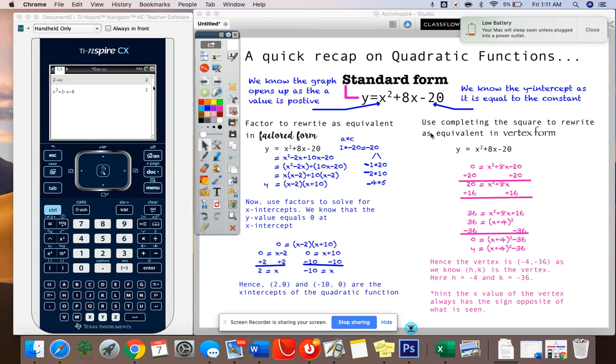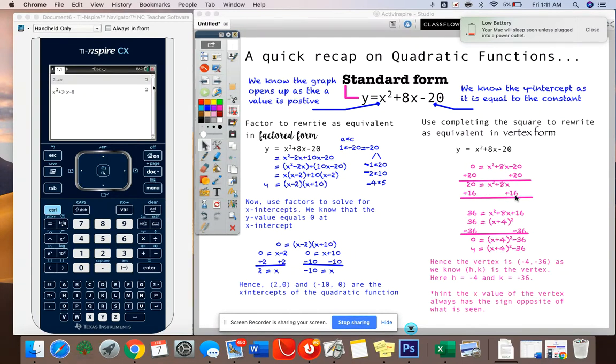To find our vertex form, we must use our skill for completing the square. We know that we need to substitute 0 in for y so that we can manipulate the equation. We'll add 20 to both sides because 20 is not the c value we're looking for. Once we do that, we have 20 equals x squared plus 8x.